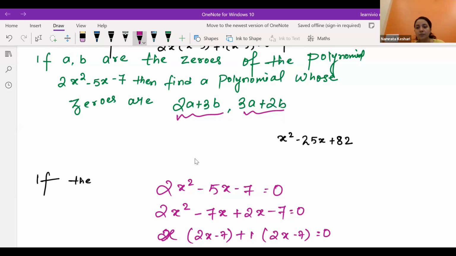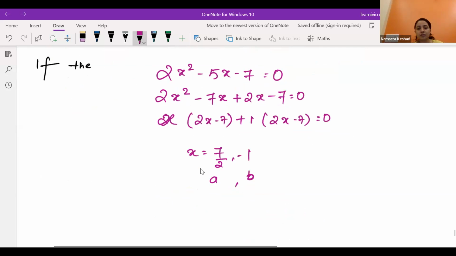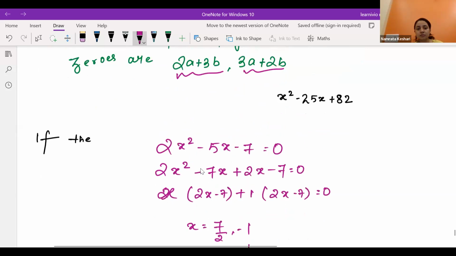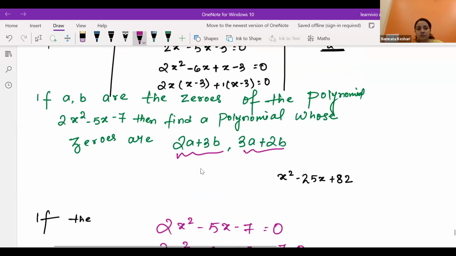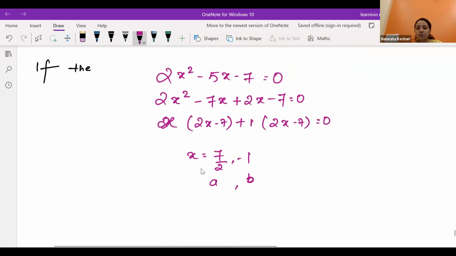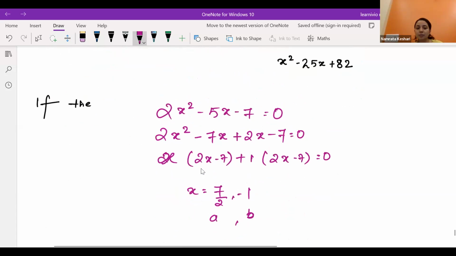Yeah, I got my zeros. I got a and b as negative 1 and 1 by 2. Everyone is getting 1 by 2? Why will we be getting 1 by 2?